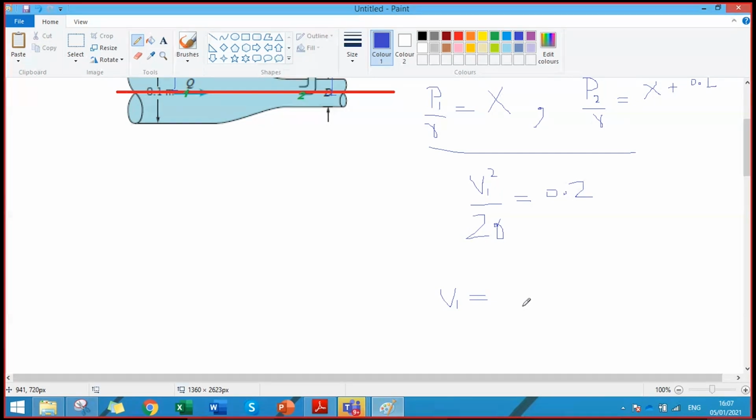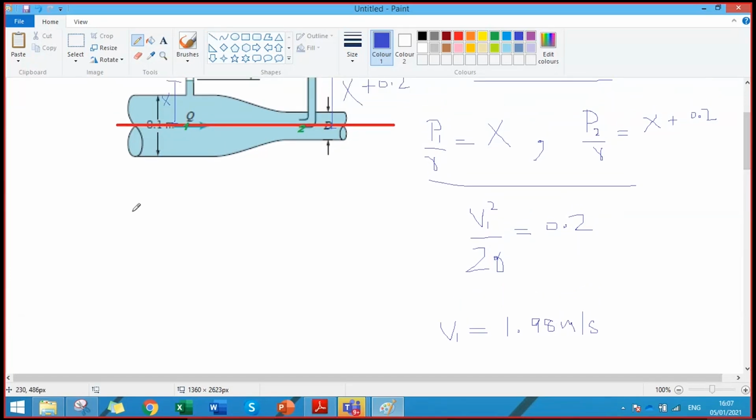So if we know V1, can we calculate the flow rate? Yes, we are interested in calculating the flow rate Q. So the flow rate can be calculated using the equation Q equals A1 into V1. And area 1 can be calculated because we are given the diameter of the pipe as 0.1 meter. So pi d1 square by 4 into V1.